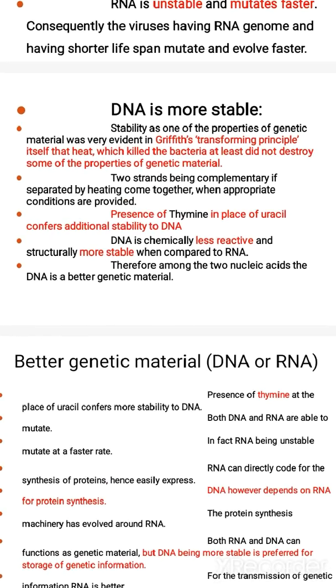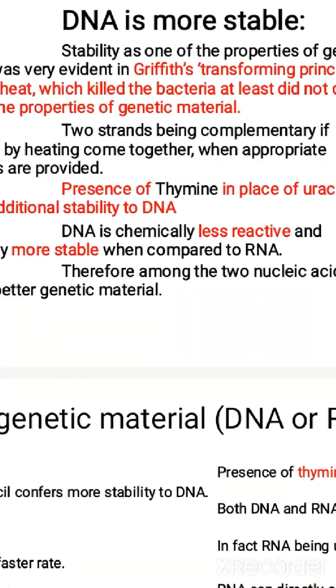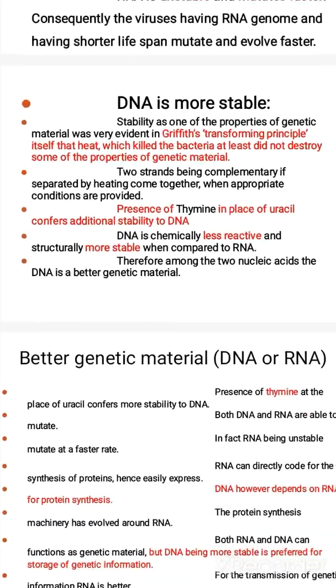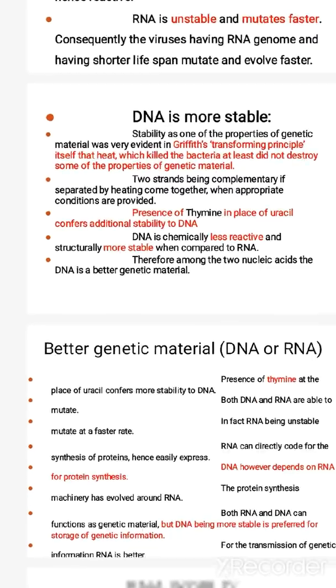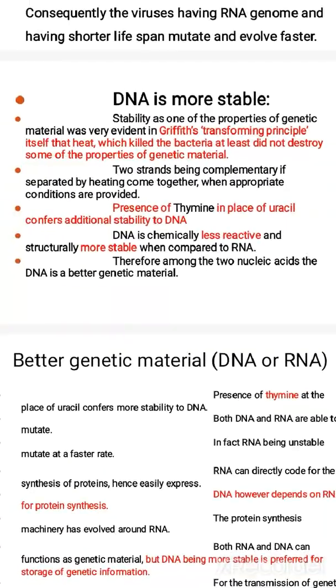DNA is also less reactive, and structurally more stable compared to RNA. Therefore, among the two nucleic acids, DNA is the better genetic material. Why? Because thymine makes it more stable, and DNA is less reactive. Those are the two main features.